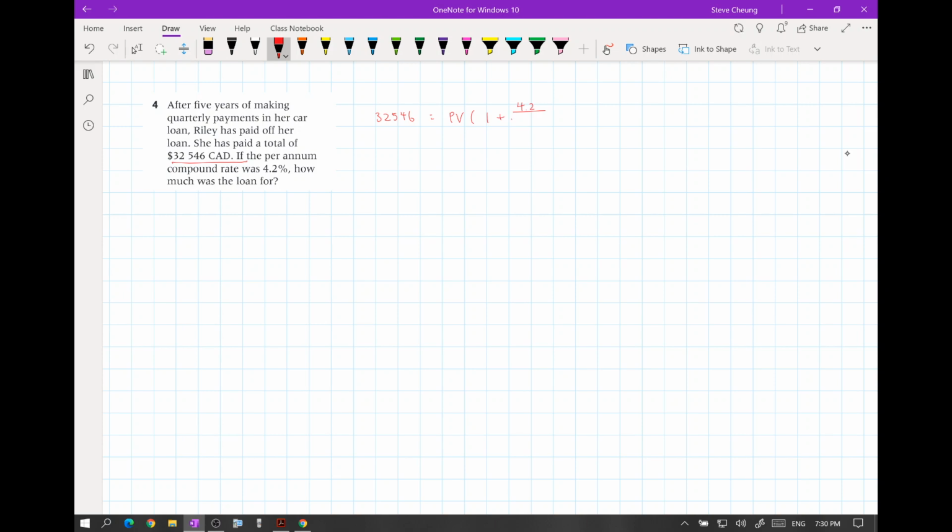This is quarterly payments, so that means 4 times a year. So this time we'll divide the interest rate by 4, but also put the 4 up here in the power. And this is after how many years? 5 years. So we have to manipulate just slightly. We just have to divide that multiplication factor on the right.